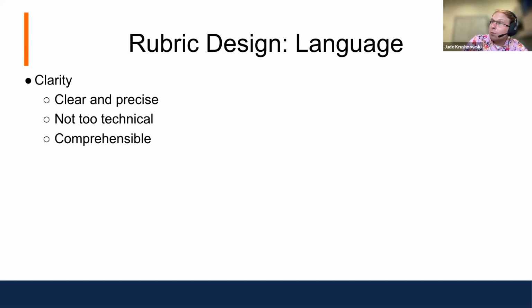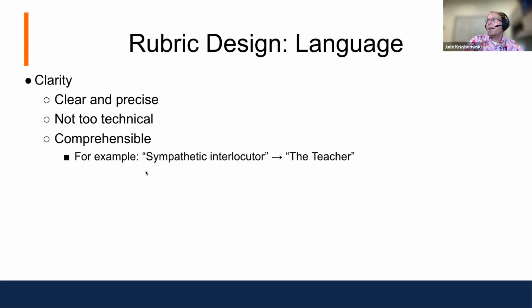Not too technical. In the case of "sympathetic interlocutor," we could just say the teacher. More than likely, we, the teachers, are going to be the ones assessing the student language. So we could just say the teacher, and that avoids the imaginary interlocutor.